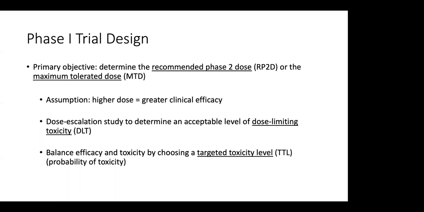So this is the basic idea of the Phase 1 trial design. And this is how we quantify our MTD and then get the RP2D. Oh, and please feel free to stop me anytime if you have any question.